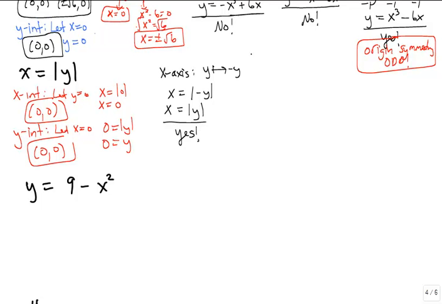Let's check the others. Let's try y-axis symmetry. So for y-axis symmetry, now you're going to change the x with its opposite. So the x on this side becomes a minus x. And the equation then would be minus x equals absolute value of y. To make it comparable to the original, the original was solved for x.